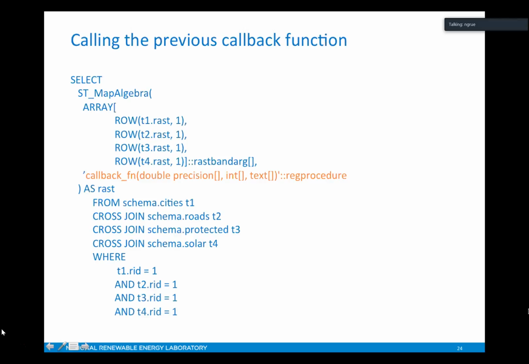So the rasters in PostGIS raster are tiled up, so you don't have just a single long swath of pixels. They all get broken up into different tiles. And so this is what I was talking about, doing the pre-processing to make sure that the tiles all line up. So you can always expect the first raster's first tile to line up with the second raster's first tile, for example.